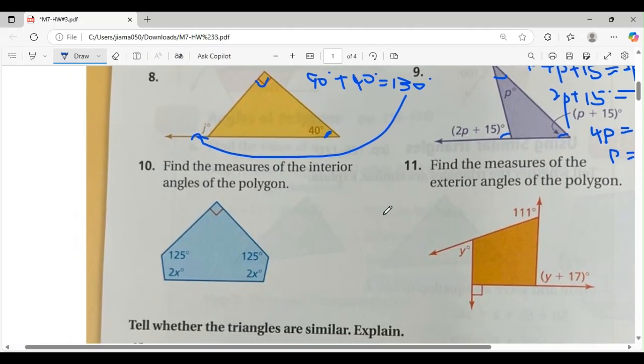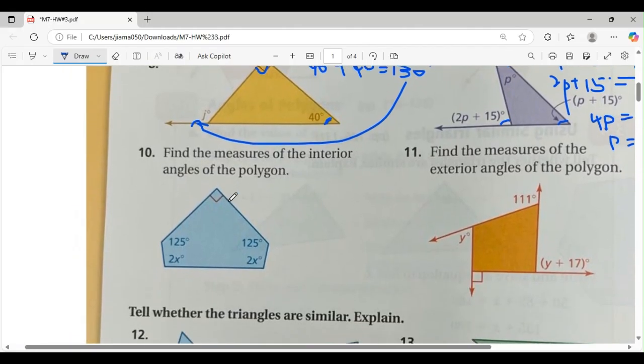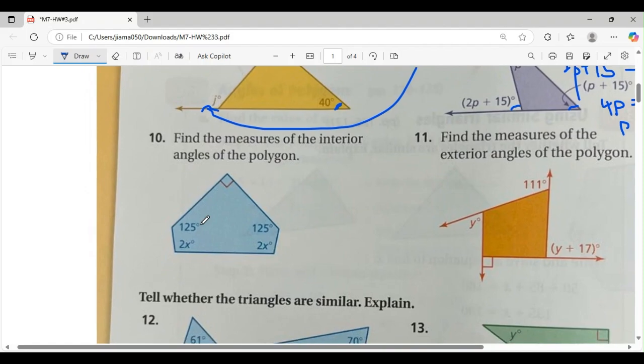Number 10. Find the measures of the interior angles of the polygon. We can see that this polygon has 5 sides: 1, 2, 3, 4, 5.